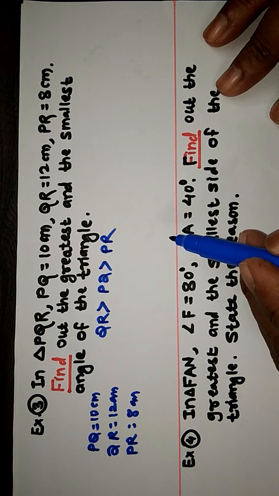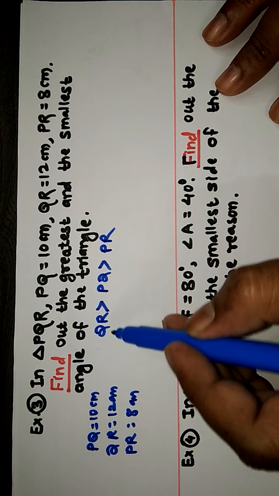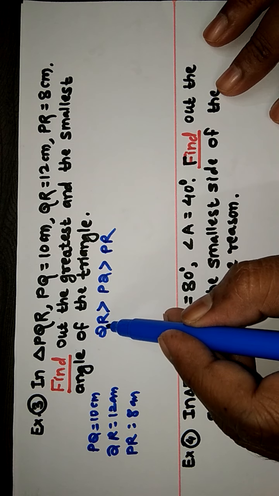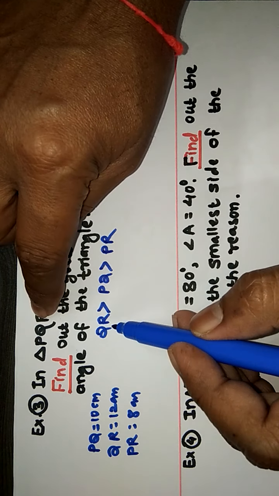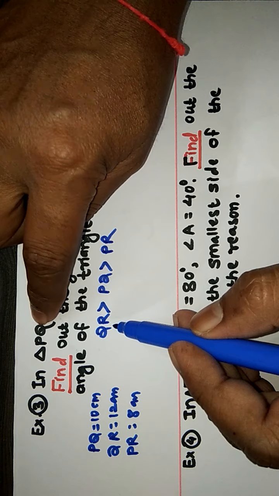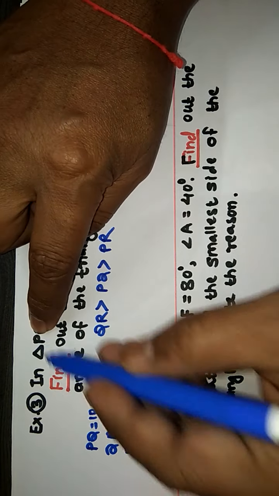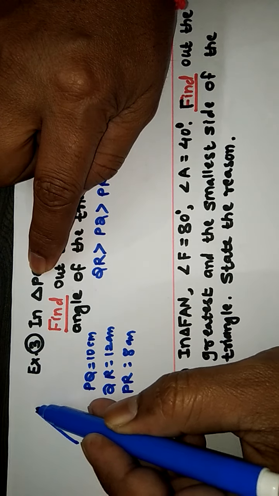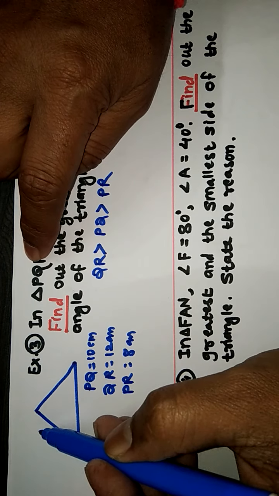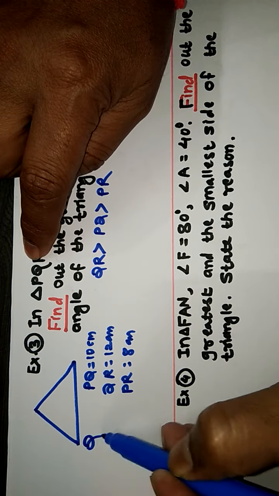We also see by the inequality of sides and angles that the angle opposite to the greater side is greater. Now see here, this QR is the greater side, then its opposite angle is greater. For example, see here, if the triangle is given in this manner, this is QR.